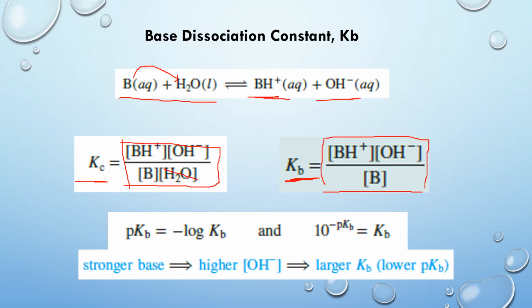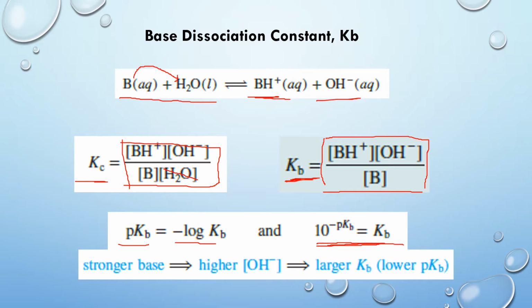For the pKb, remember if you put a p in front of a constant, that p is a negative log. So the Kb value will be equal to 10 to the negative pKb value, exactly the same as for Ka. So the format is exactly the same.